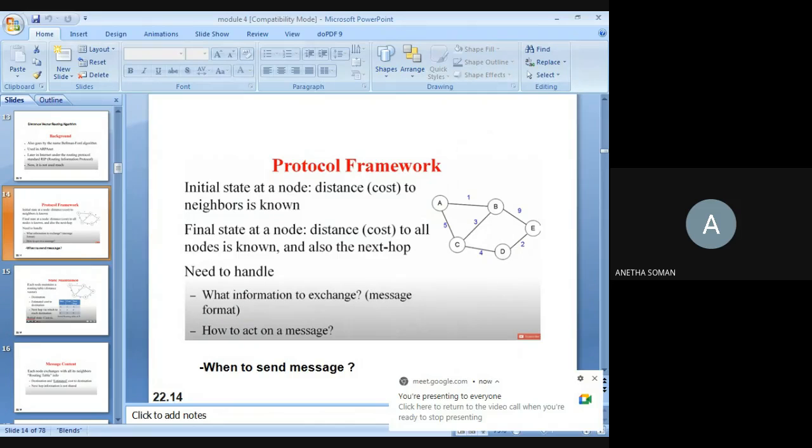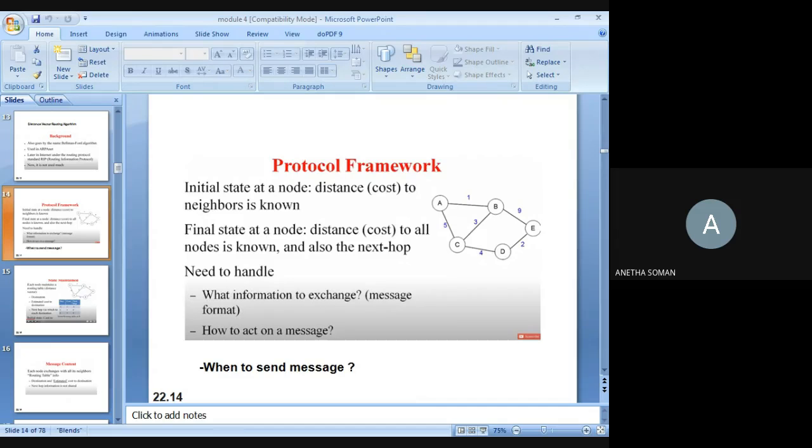If you are considering node A, you know who the neighbors of A are. B and C are the neighbors of A, and from A to B the cost is 1, and from A to C the cost is equal to 5. So initially, your first step is to find out who the neighbors are and what distance it covers from each node.